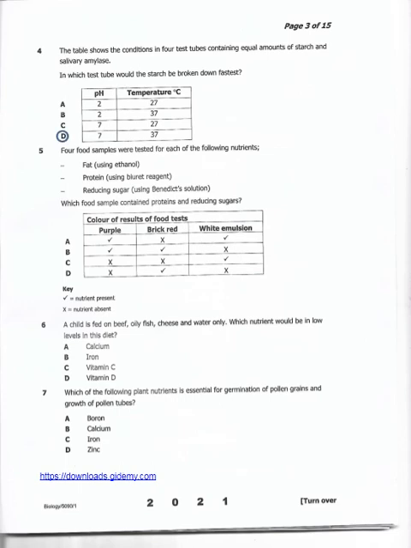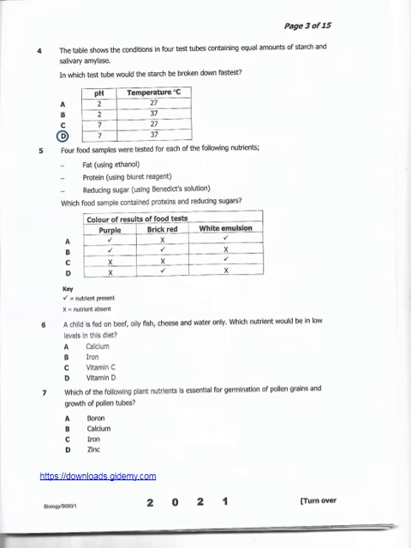Question number 5. 4 food samples were tested for each of the following nutrients: fat using ethanol, proteins using biuret, reducing sugars using Benedict solution. Which food sample contains proteins and reducing sugars?